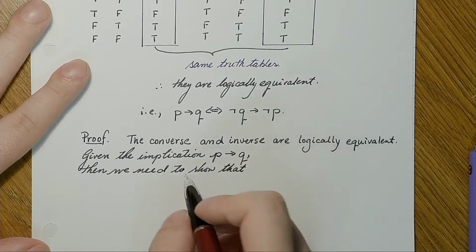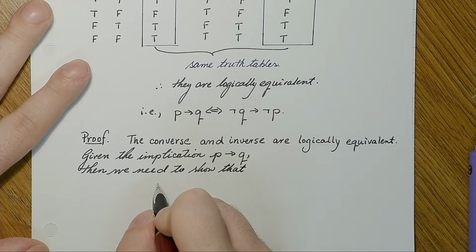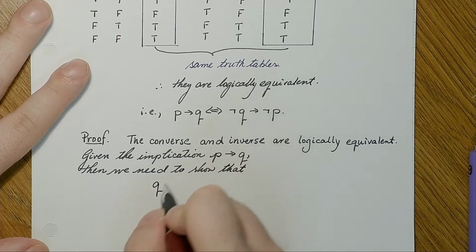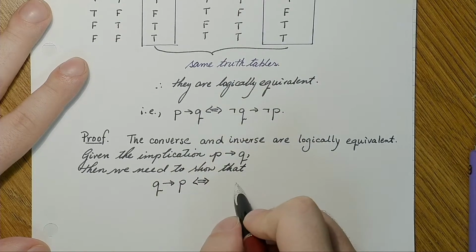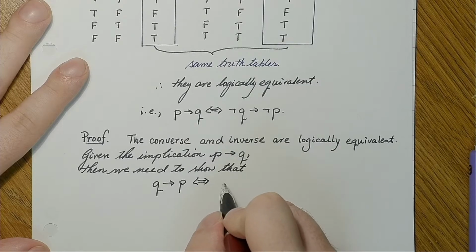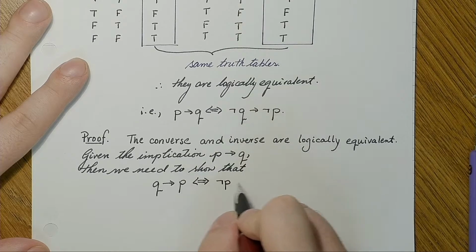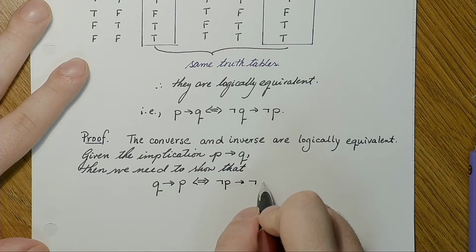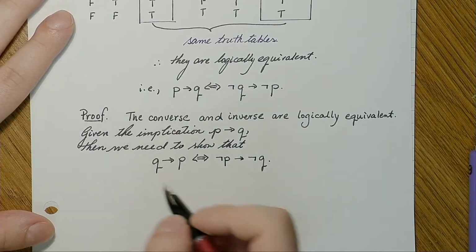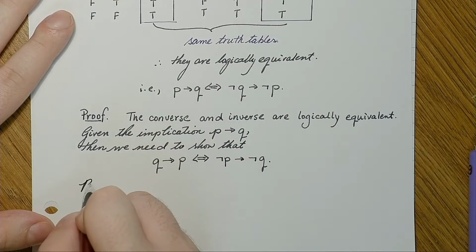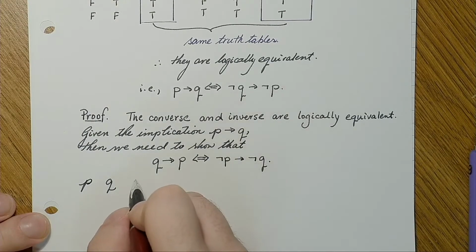We need to show that the converse, which in symbols is the reverse direction, Q implies P, is logically equivalent to the inverse, which is not P implies not Q. And so again, we just do the truth table.